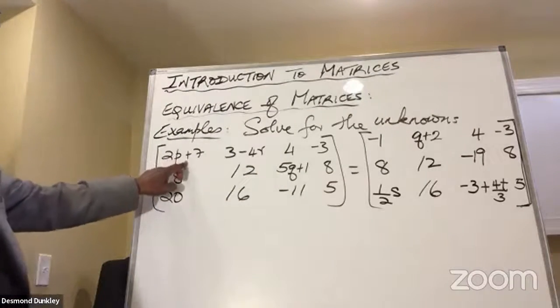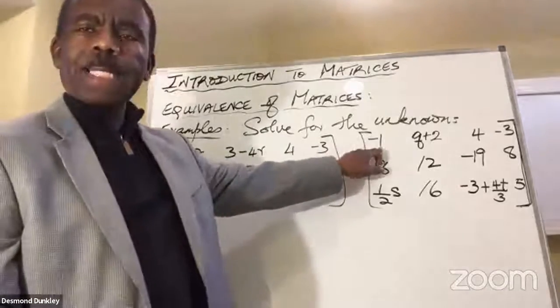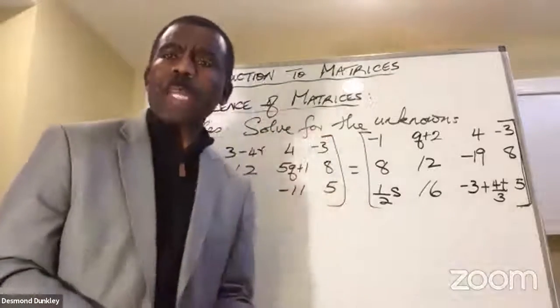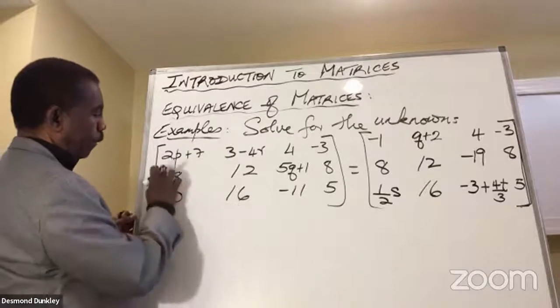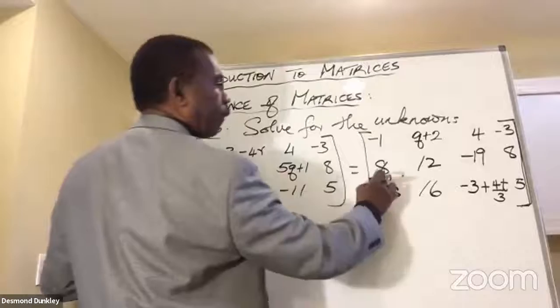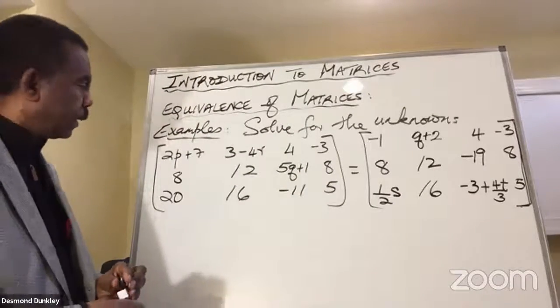This is the first entry with a P, and we see a first entry here with a -1. So we can equate those two entries and solve. By the way, you see that this is a 3 by 4, 3 by 4. So that's good, it's legit, same size matrices.